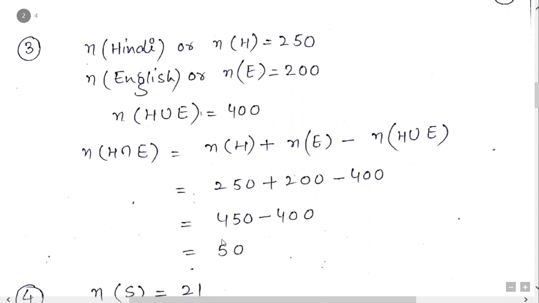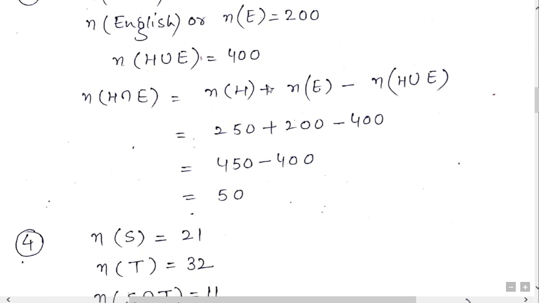In question number 3, the number of students who speak Hindi is 250 and English it's 200, and the union, meaning total, is 400. We have to calculate the common people who can speak both Hindi and English.